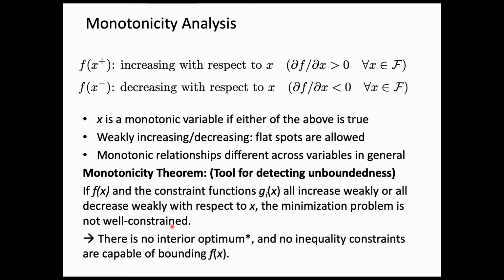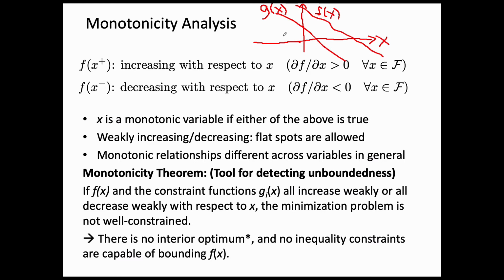If this is the case, there is no interior optimum and there are no inequality constraints capable of bounding f of x. So if we try to think about what's going on here, I'll sketch this out. Here we have a rough sketch of a monotonically decreasing function of x. Now suppose we have at least one constraint.